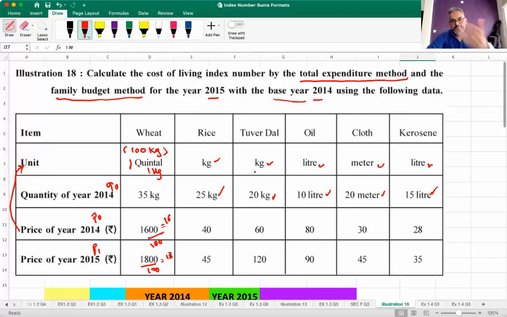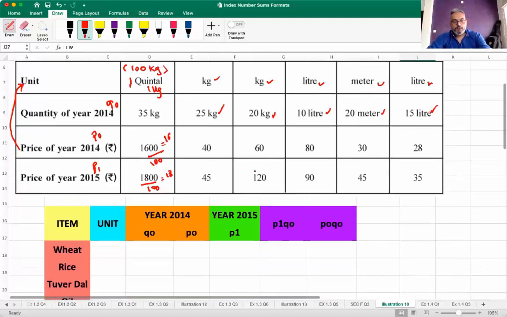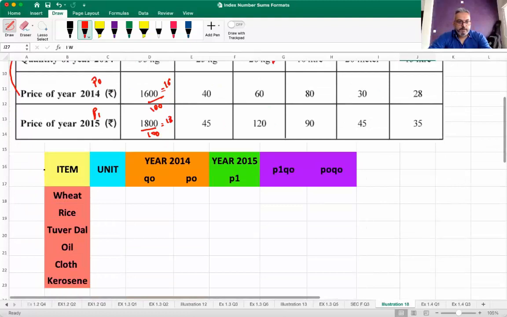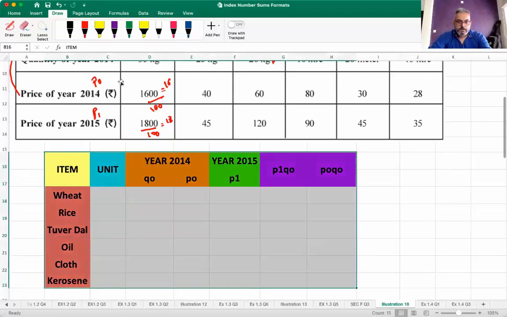Now we can directly proceed for the sum. Now, make the format: items, units, year, Q0, P0, 2015, P1, then P1Q0, P0Q0.